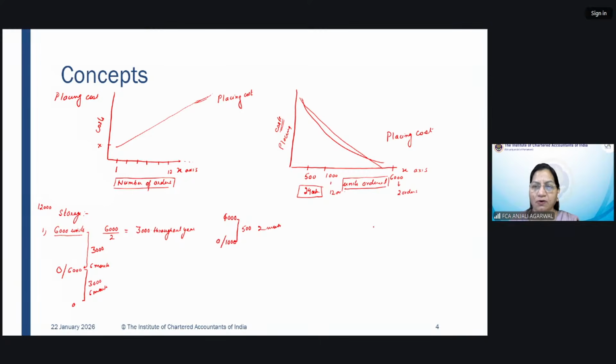If you are placing orders for 12,000 units in a year, 12 orders means one order every month.